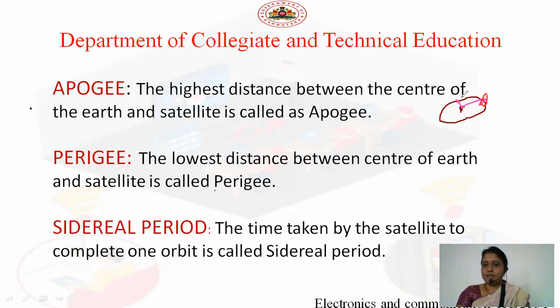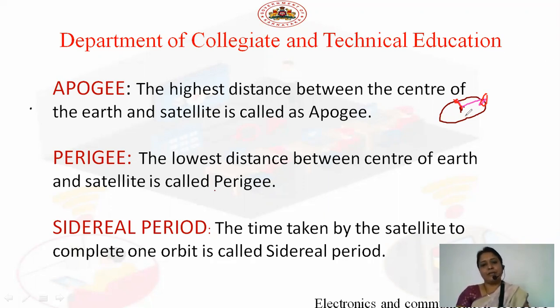Similarly, the lowest distance from the Earth is called the perigee. Therefore, the longest distance from the satellite to the Earth represents the apogee and the lowest distance represents the perigee. In the case of a circular orbit, the distance will be the same, because in the circular fashion it is the same everywhere.